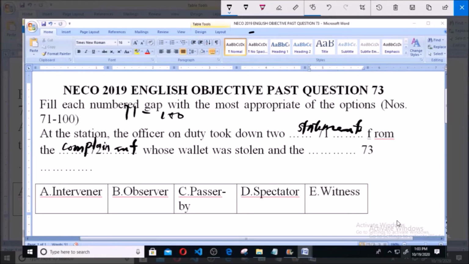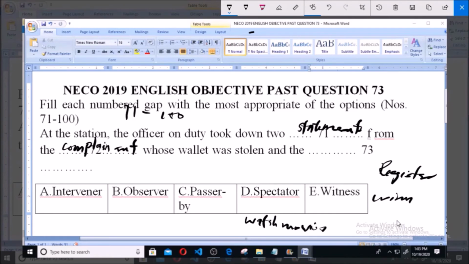As I've told us, this register is from crime, and in a register we have related terms. So under crime you can't say spectator, because spectators are a group of people who watch movies.